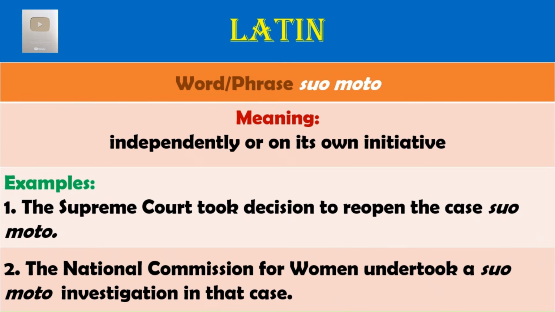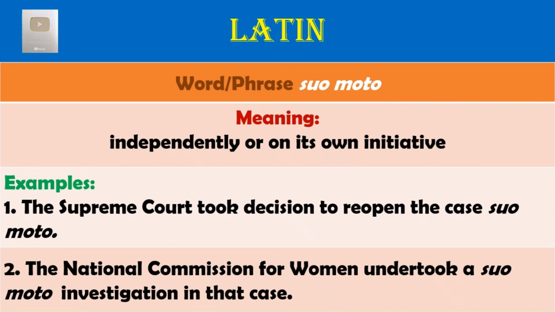Suo motu is a Latin phrase. Look at the spelling and see that there is a space between these two words, but together they are used as a phrase, and it means independently or on its own initiative, by itself. That is what it means. Look at the examples.